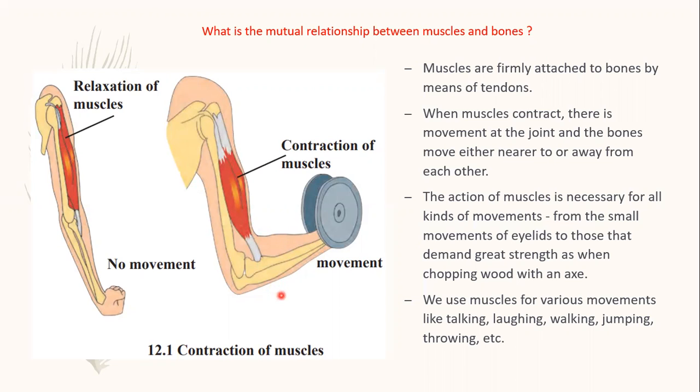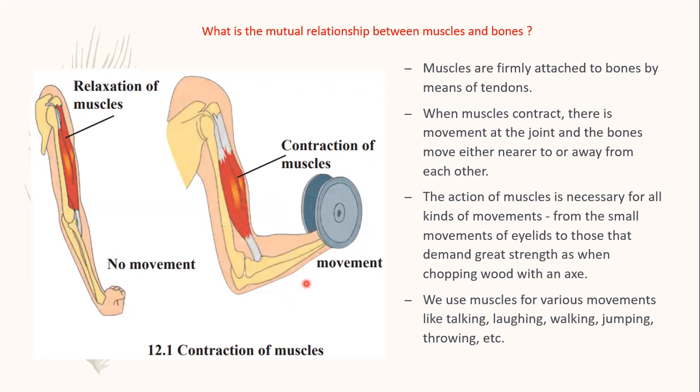It can also be a case wherein a muscle is contracting and the bone is moving away from the muscle. In that case as well, contraction occurs. Because of this contraction in the muscles, there is either movement of the bone nearer to the muscle or away from the muscle.